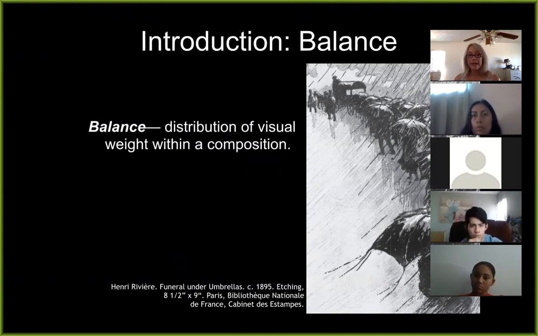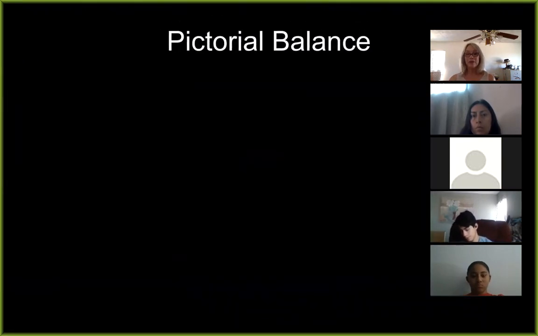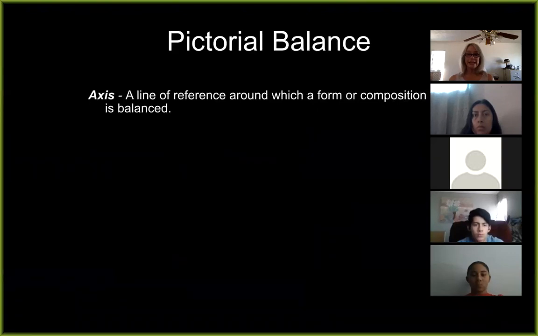We can define balance as the distribution of visual weight in a composition. And we're all very familiar with balance. When we're small and we're learning to walk, we know what it's like to be off balance. And we instinctively seek balance in our lives and what we're looking at. When we're talking about pictorial balance, which is visual balance, we refer often to an axis.